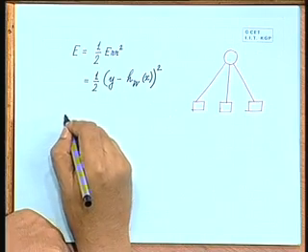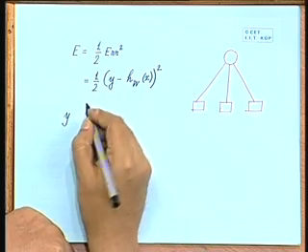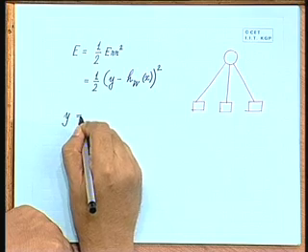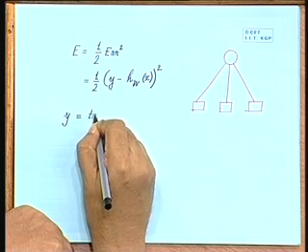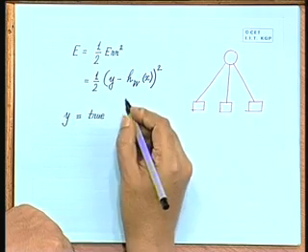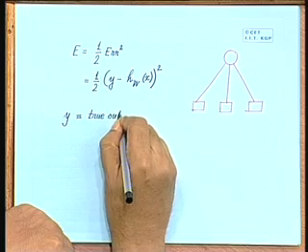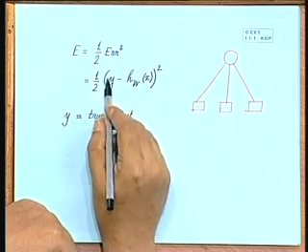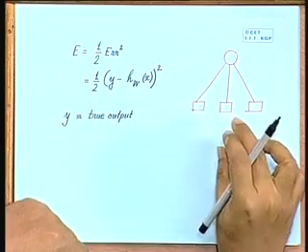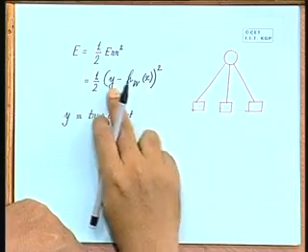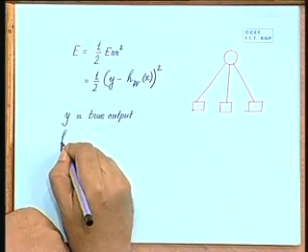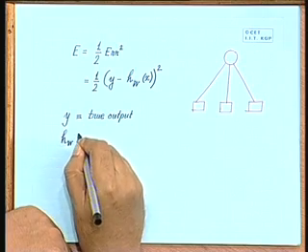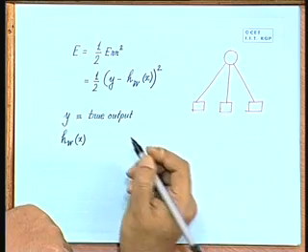where what is y? y is the true output, the correct output. Note that this is a vector, this is a correct output vector, and its difference with h_W(x). And what is h_W(x)?